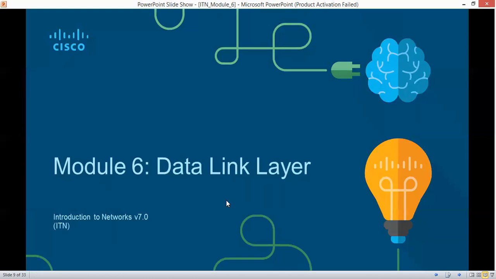Still talking about numbers, you can still see them at that level of the physical layer, which is layer 1. And then module 6 here is addressing the data link layer, which is layer what?